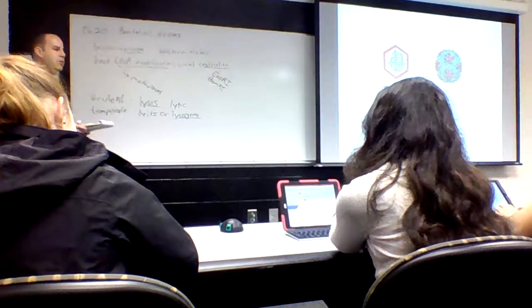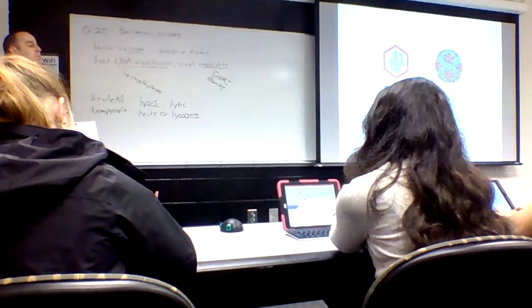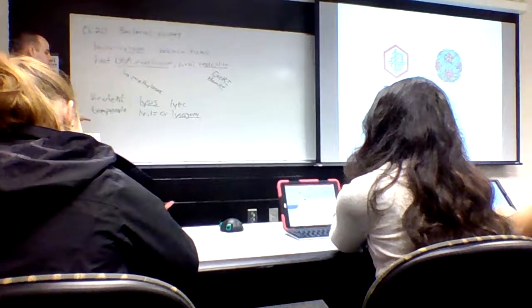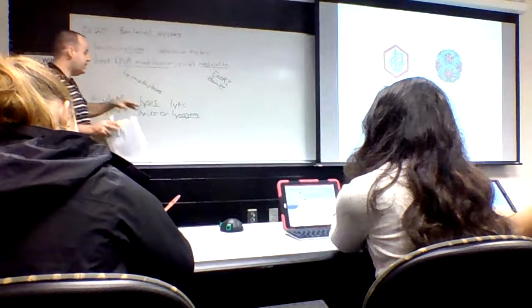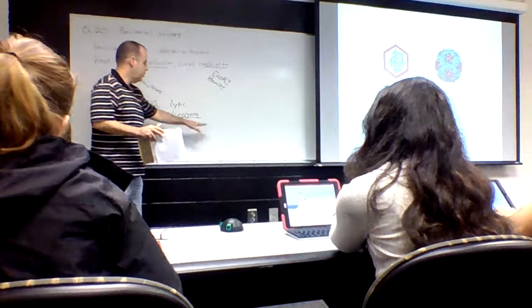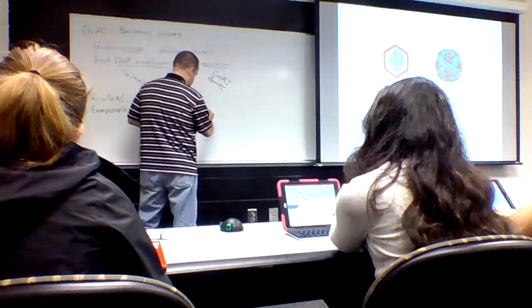Lysogeny is the process by which the phage genome inserts itself into the bacterial genome, which microbiologists like myself will call chromosome, but are not chromosomes. And then from that lysogenic state, they can either return to a lytic state at a later date, or persist.